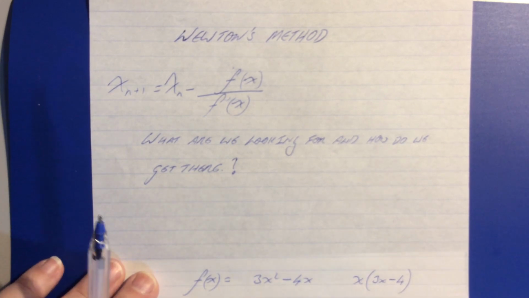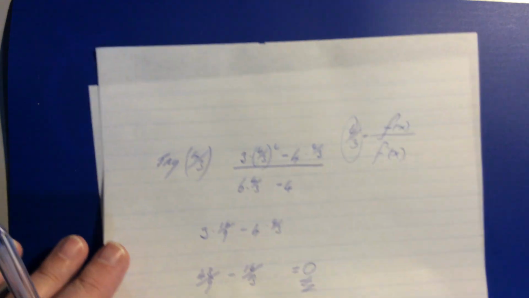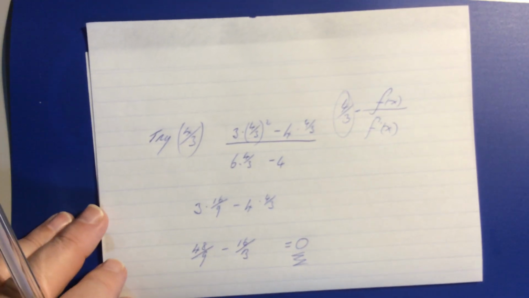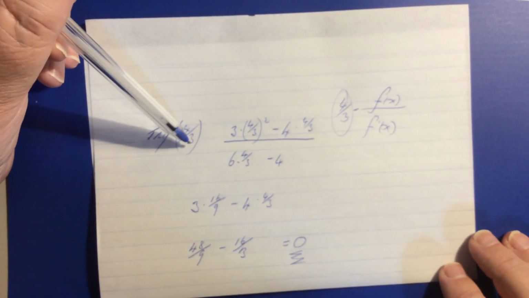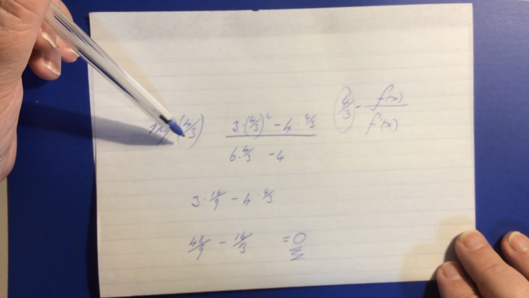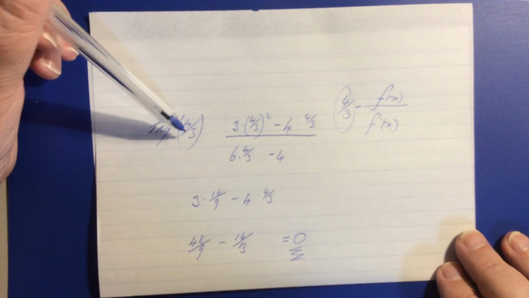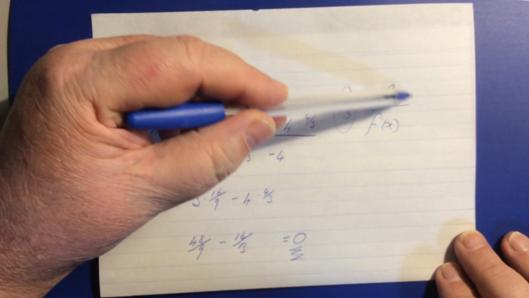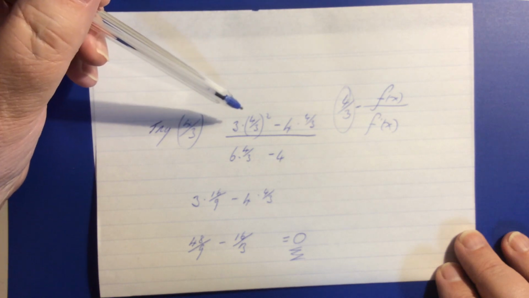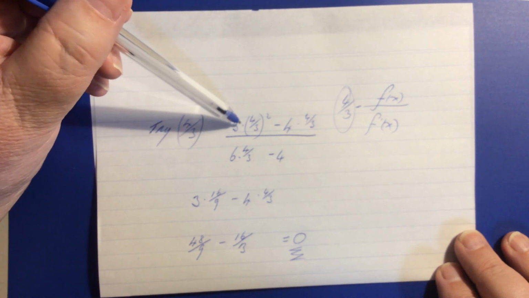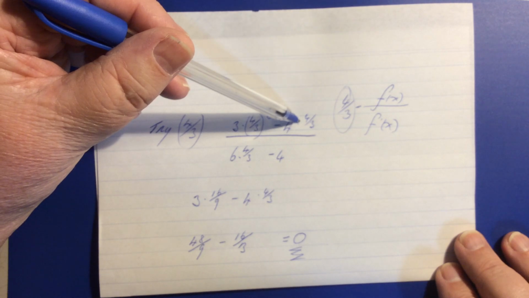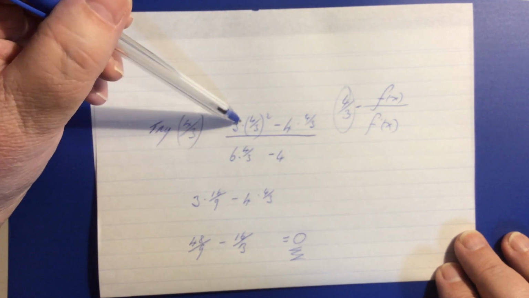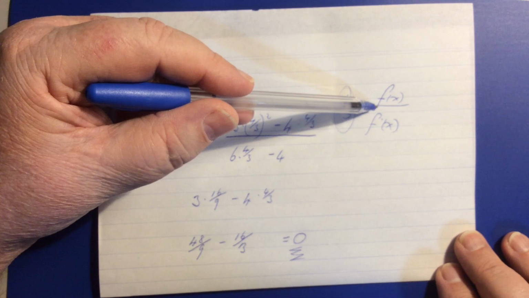Okay, let's have a look at what happens if we get a perfect solution to this. Now remember, we know about the perfect solution, and we know that the perfect solution is 4 over 3. We know we will get 0. So if we insert 4 over 3 into this part of the equation, what we wind up with is 0, because this minus this is equal to 0. We don't have to worry about this. We get a fraction with a numerator of 0.